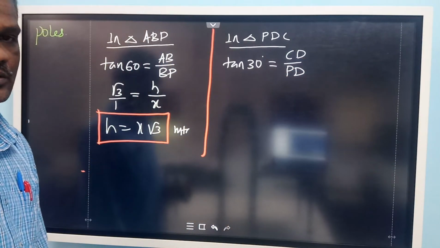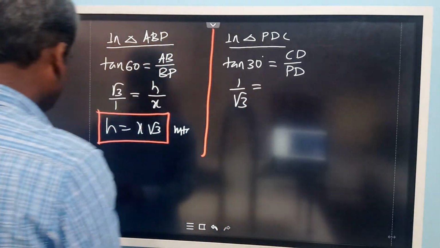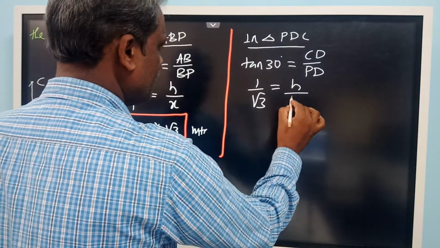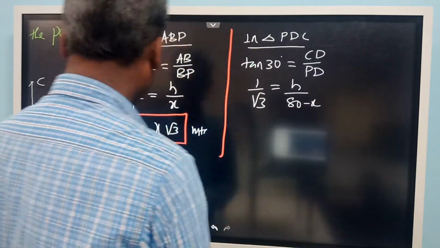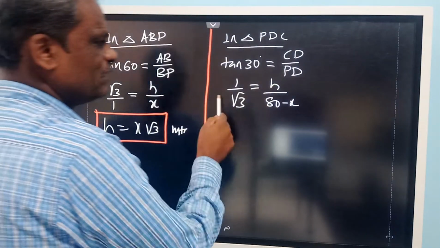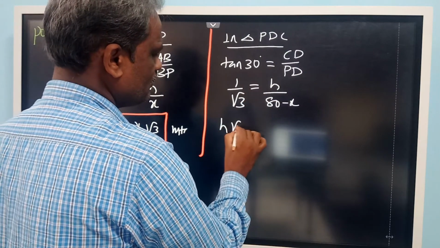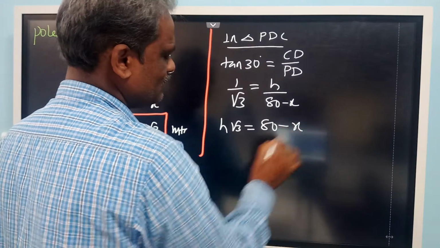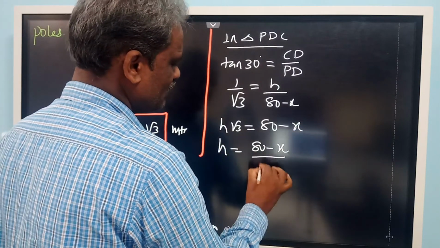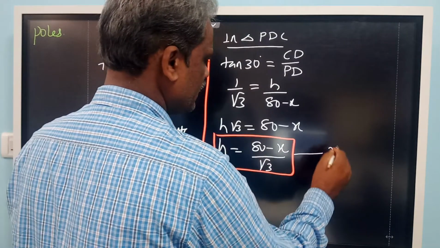It is 1 by root 3, and the length of CD is H, divided by PD, which is 80 minus x. Find the H value. So H root 3 is equal to 80 minus x. H is equal to 80 minus x divided by root 3. You can call this equation 2.